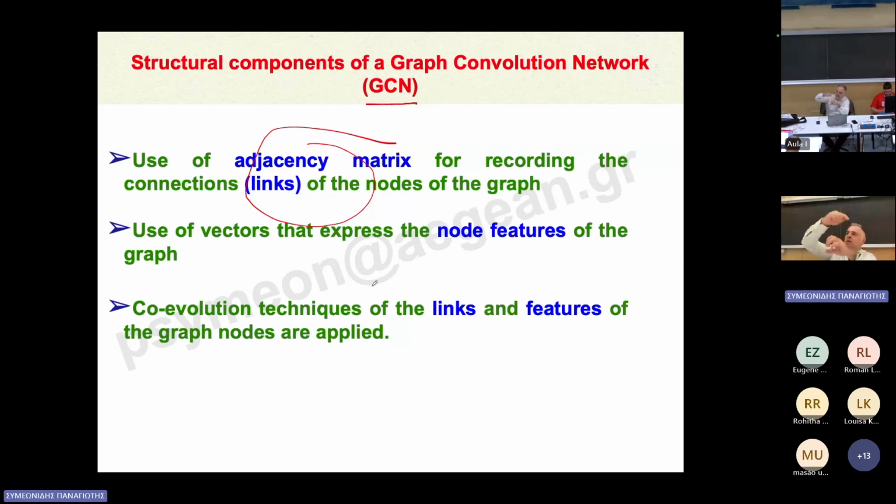If it is a protein, it has other features, but everything in a graph has node features. And this is what we want to understand: can I predict the features of a node by using the features of the adjacent nodes, or of the neighborhood of the node? Can I express a node using the neighborhood of this node? And this is how the graph convolution network works, in essence.